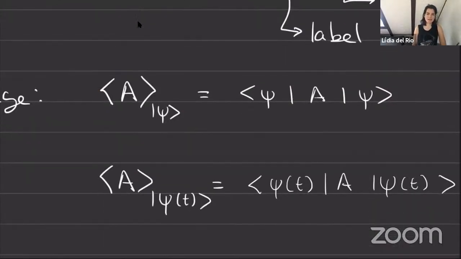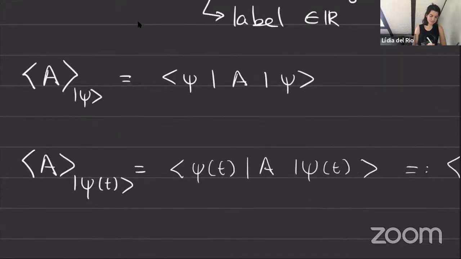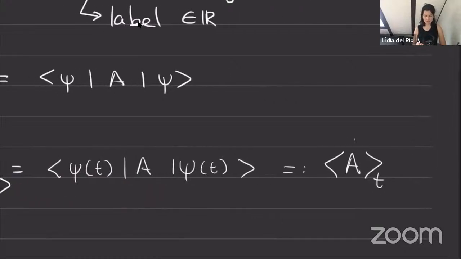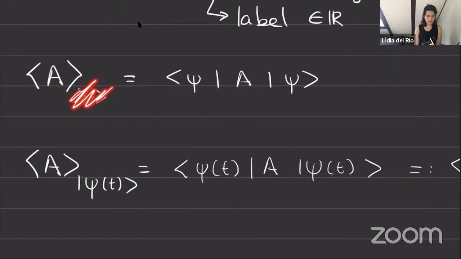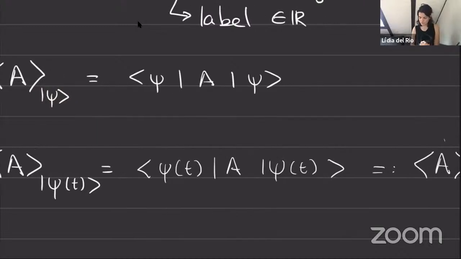And if it's at some time t, then it's exactly the same, so we just replace the state with the state at time t. And just so we don't have to write this whole thing all the time, we can represent it in a simpler way by just putting A and t. Only do this when the initial state is clear from context. Again, if the state is clear from context, you can even leave it out here, but in general, it's a good idea to keep track of things.